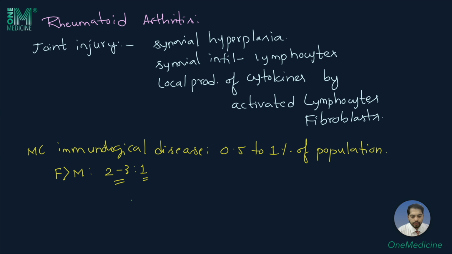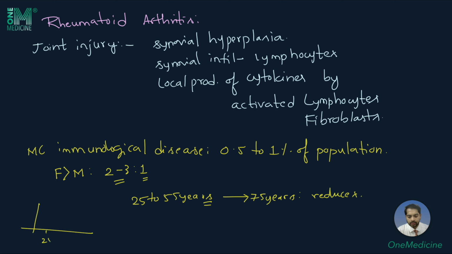The incidence of rheumatoid arthritis increases from the age of 25 to 55 years and plateaus from 55 years till 75 years, and then it reduces. So if we plot the graph of incidence, it looks something like this. This is 25, 55, 75, and then the age continues. The incidence slowly increases from 25 to 55 and plateaus until 75 and then comes down.